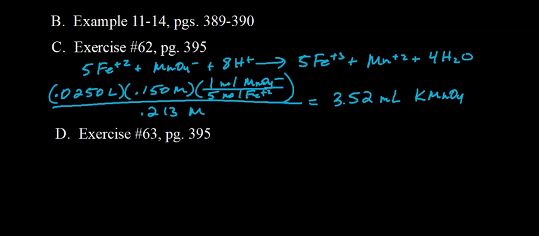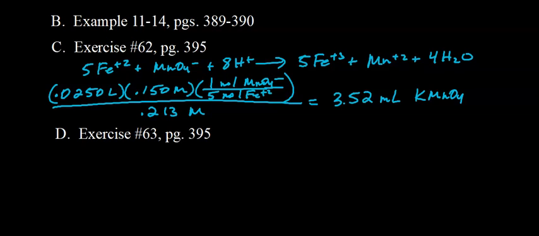All right, here's our setup. Got our balanced equation. Again, given the volume and concentration of the permanganate solution, you can use that to find moles of iron(II). And then once we know moles of iron(II), we can use that to find moles of permanganate using the mole ratio from the balanced redox equation. Take our moles divided by the molarity, and that will give us our volume.